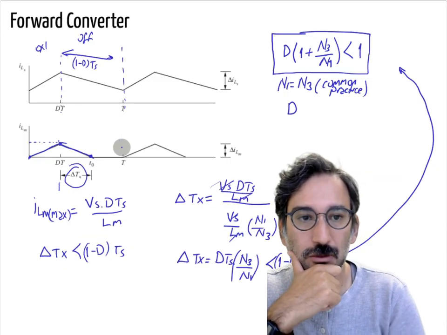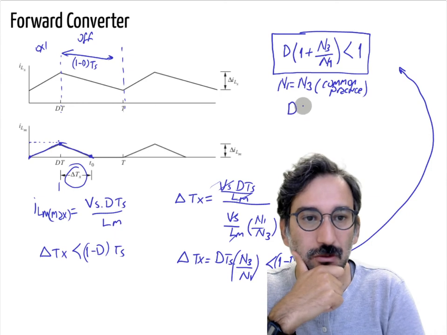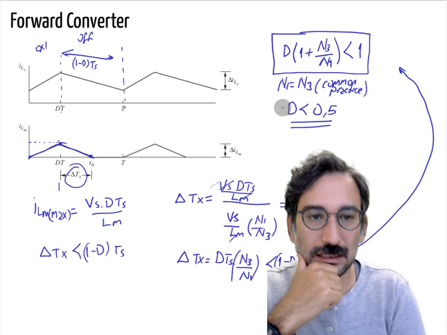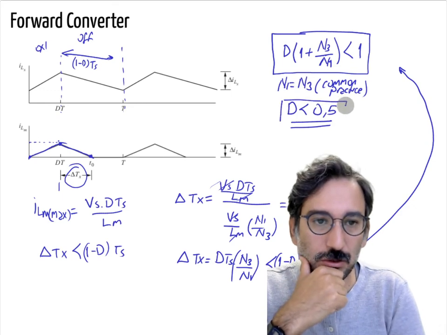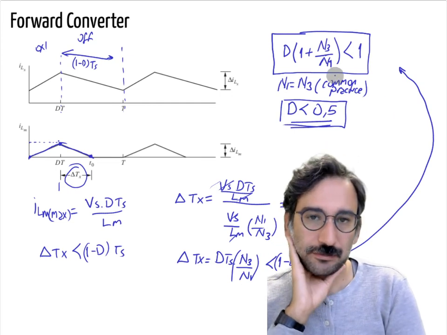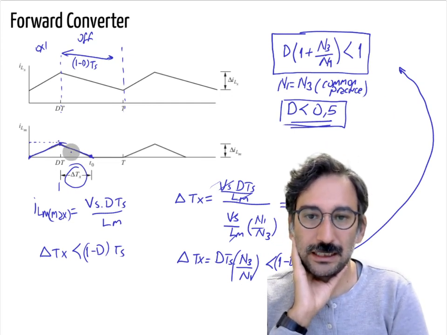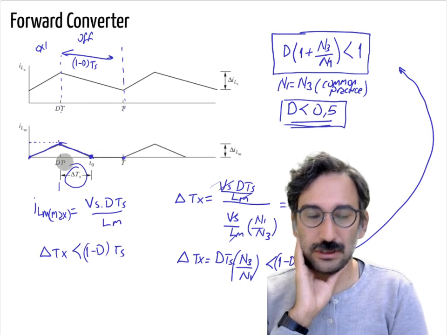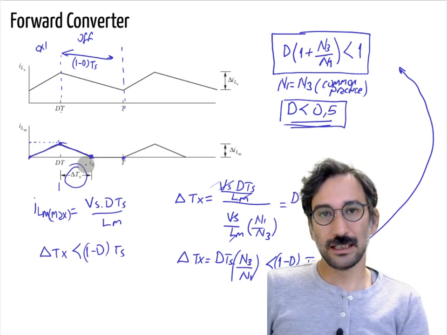So if you use the same voltage ratio, you can write 2D is less than 1, or short, D is smaller than 0.5. So if you choose N1 and N3 to be the same, in order to demagnetize your core completely, your duty cycle has to be smaller than 0.5.